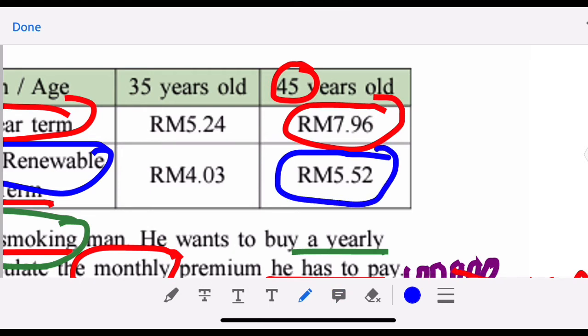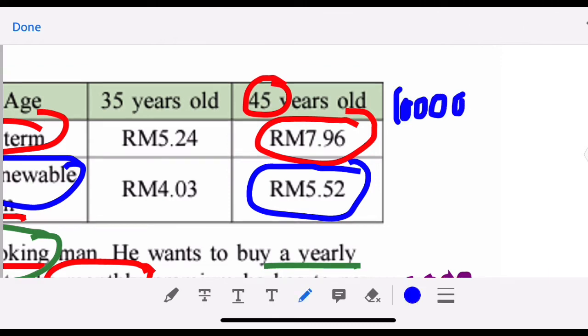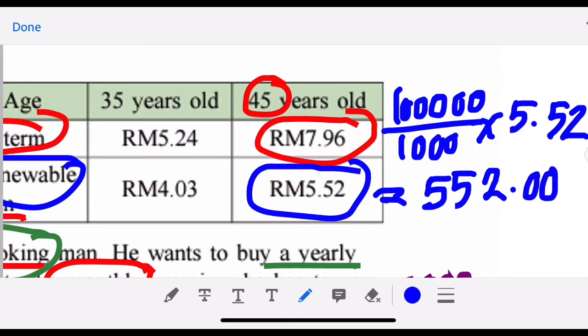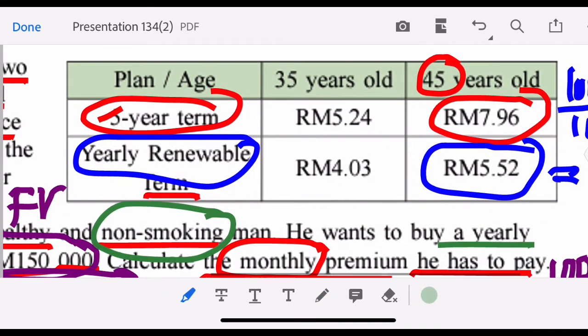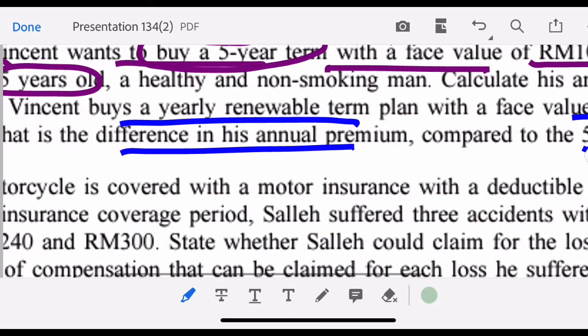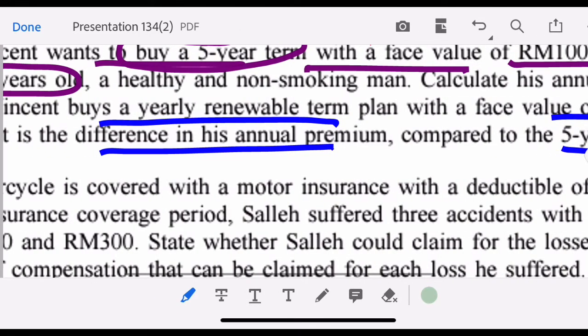Winston is 45 years old, so we will take the 100,000 face value, 100,000 per 1,000 times 5.52. So the annual premium is 552.00. The question is asking to compare the 5-year term plan and find the difference between these two plans.